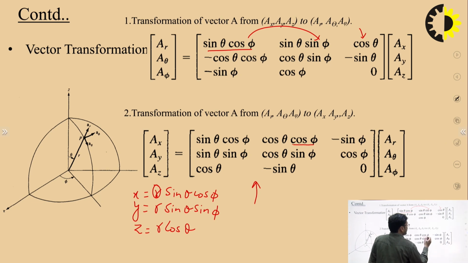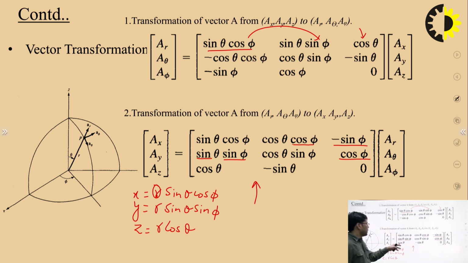This cos phi would become minus sin phi, right? Similarly, for r sin theta sin phi, first you take the differentiation with respect to r, sin theta sin phi, then with respect to theta, cos theta sin phi, then sin phi would become cos phi. Similarly, for the z case, with respect to r cos theta, again minus sin theta, and there is no component of phi, that's why it would become 0.